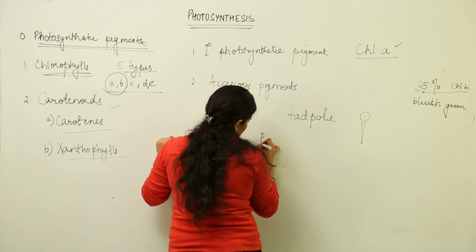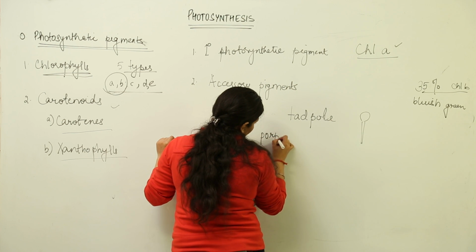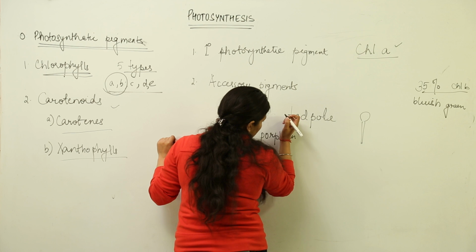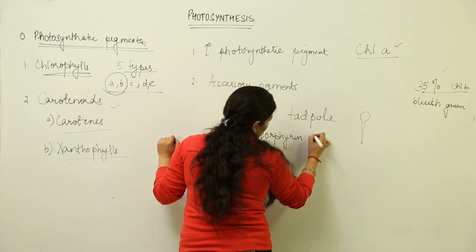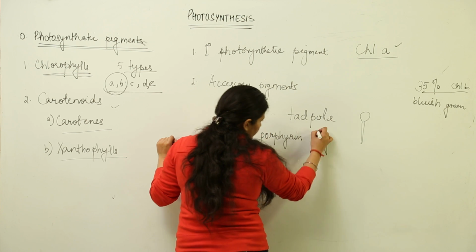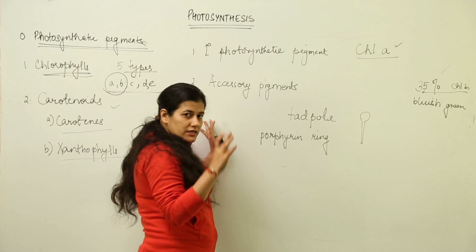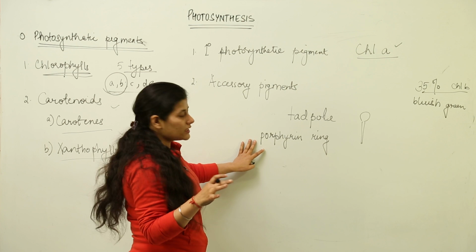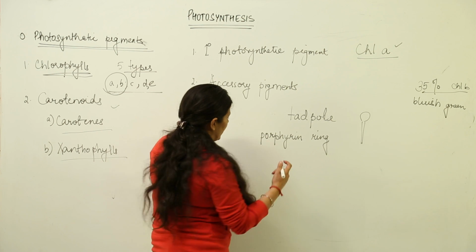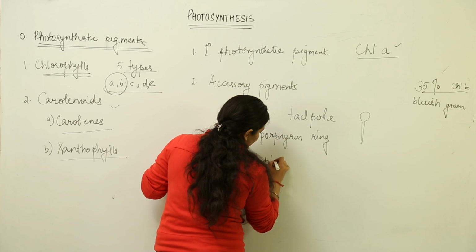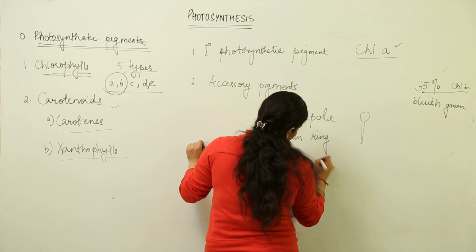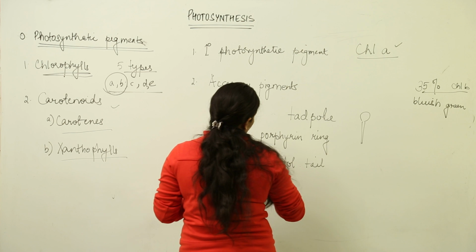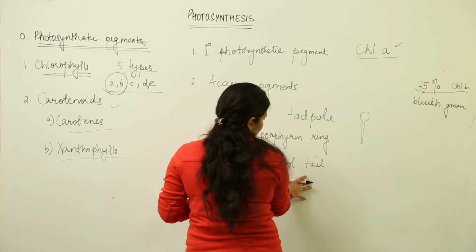It has a porphyrin ring. I am not going to get into details of chemistry over here; the least you can do is remember it by heart: a porphyrin ring and an alcoholic phytol tail.